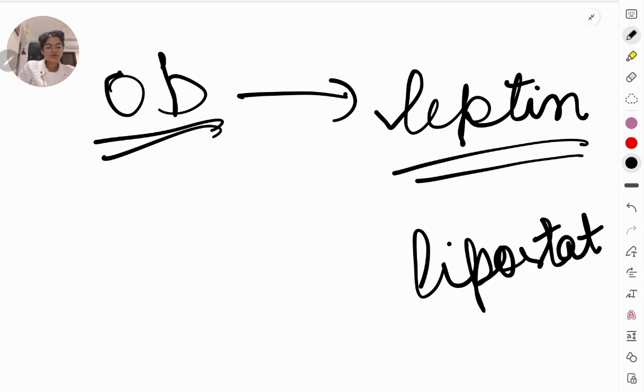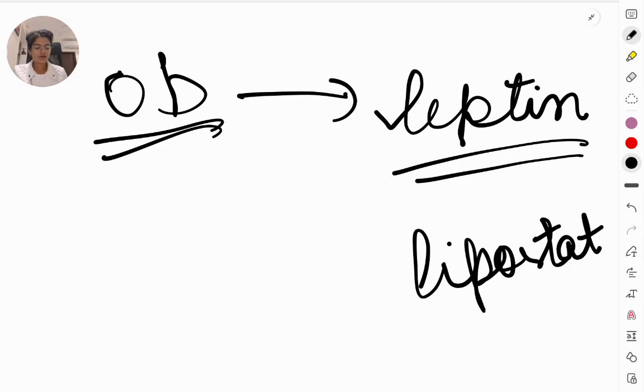Okay, now when fat is stored in the adipose tissue in an adequate amount, then lipostat increases, leptin level increases, and leptin would stimulate lipolysis and inhibit lipogenesis. So leptin is important.